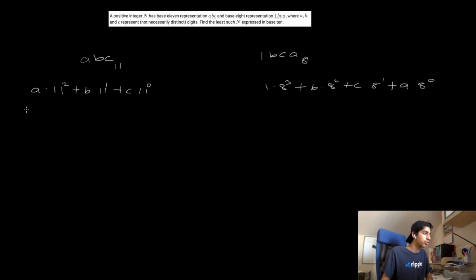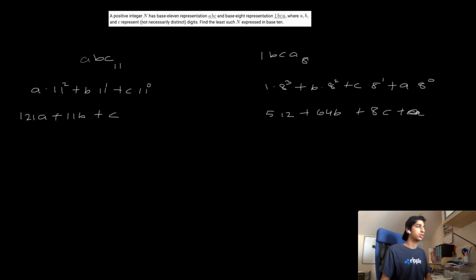Now we can evaluate these, so we have 121A plus 11B plus C. And this is 512 plus 64B plus 8C plus A. Now we know that these are equal since the problem told us that the positive integer n has both these representations.